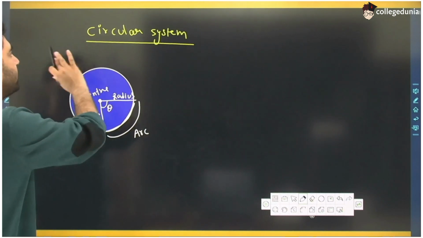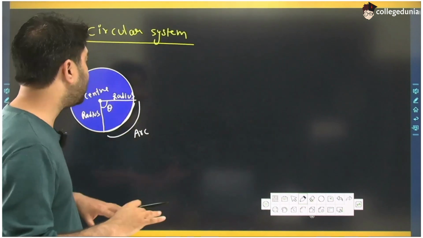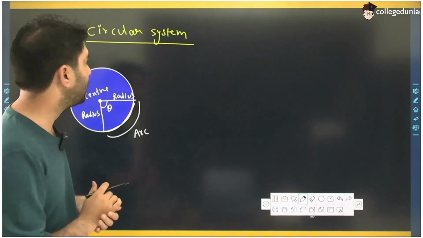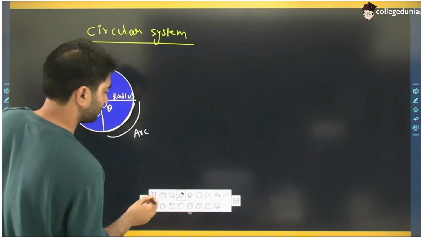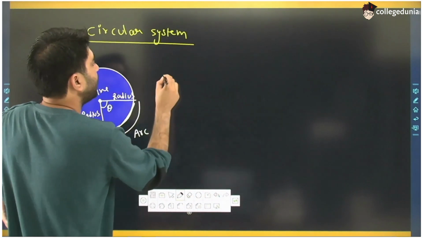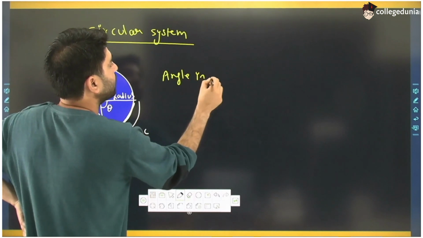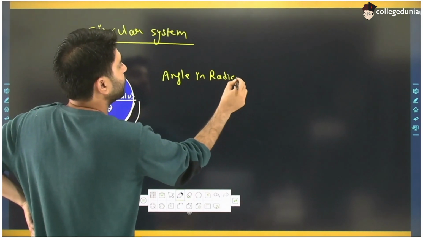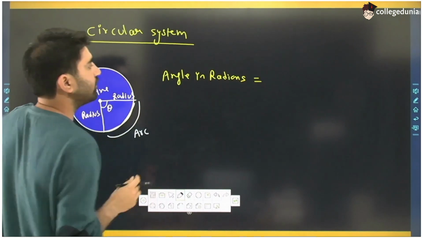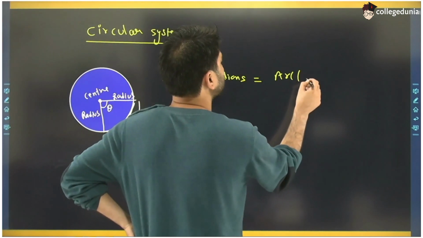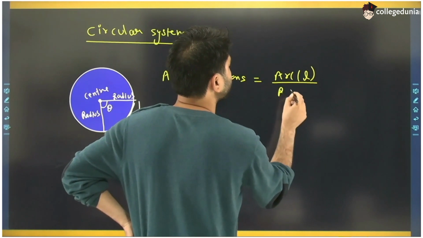Okay, so in this circular system, first of all, they have defined angle. They have given us a formula to measure an angle. In the circular system, it is said that an angle in radians is the ratio of arc and radius.